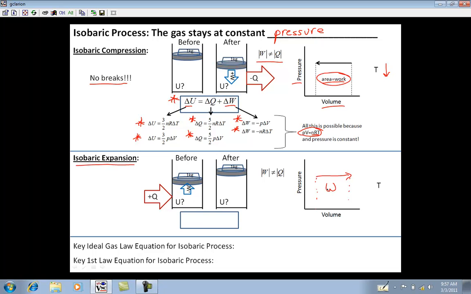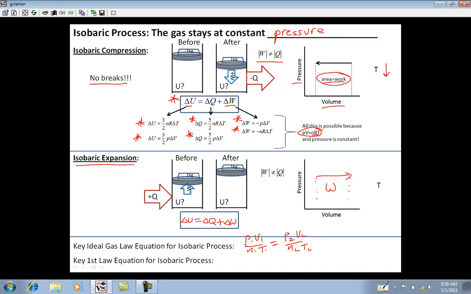Again, the equation that you still have to use is delta U equals delta Q plus delta W. In my gas law equation, P1V1 over N1T1 equals P2V2 over N2T2, what do I get to cancel?